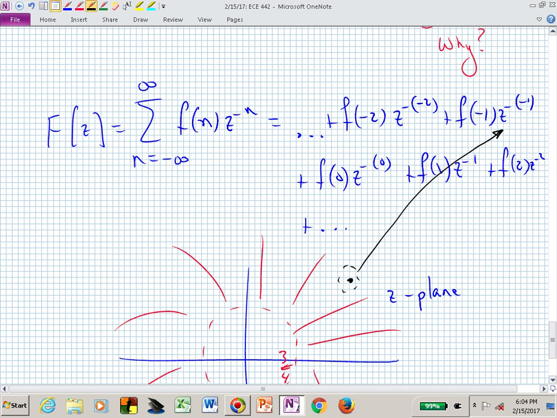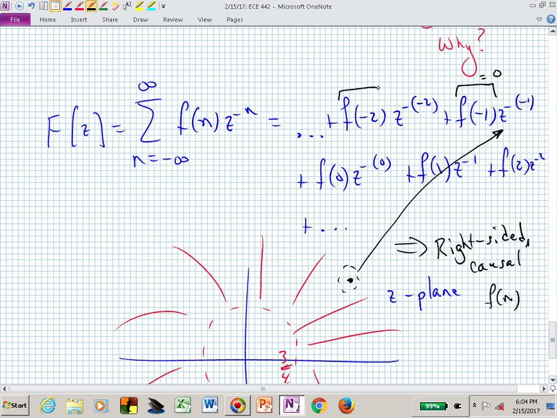That tells me that that coefficient has to be 0. That's where the right-sidedness or the causal characteristic of f of n is coming from.